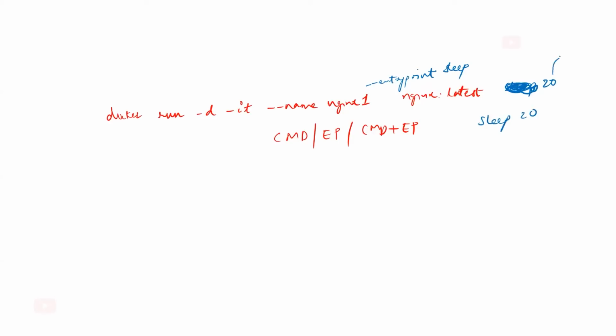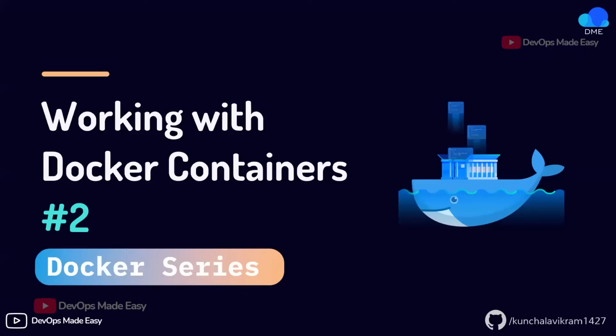So it will override both CMD and entry point, I mean, the default ones which are available inside this nginx latest image. Okay, so this is what we learned. So understanding how to override CMD and how to override entry point is important. So that is about what we learned in the first part.